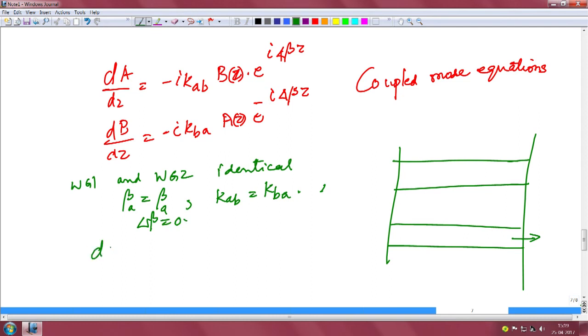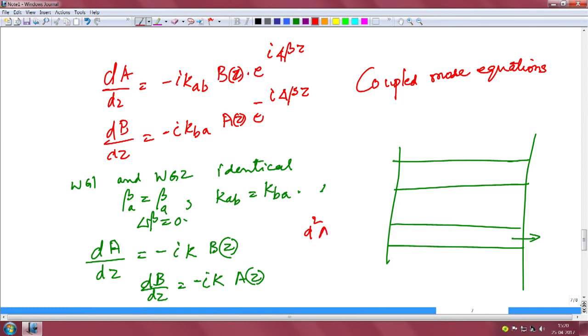So, you have the very simple form of the differential equation for the variation of the field injected into the waveguides: dA by dz equals minus ik multiplied by B of z, and dB by dz equals, let me still use, minus ik A of z. This could be solved easily by differentiating one expression and putting it into the other. For example, I will differentiate this with respect to z and substitute.